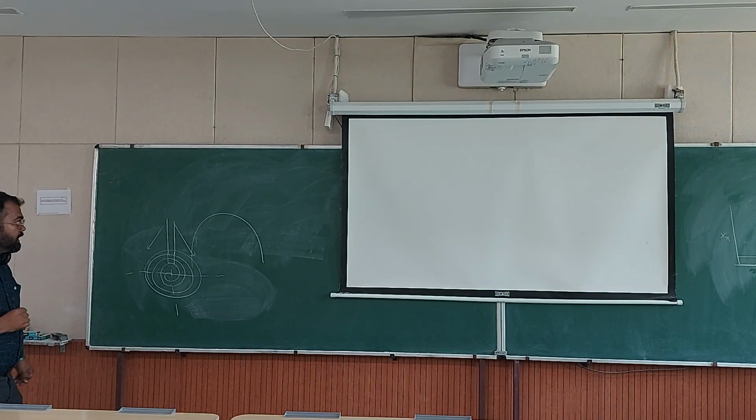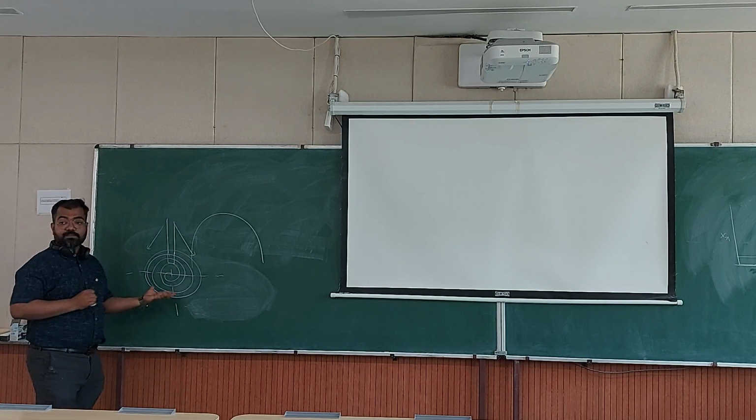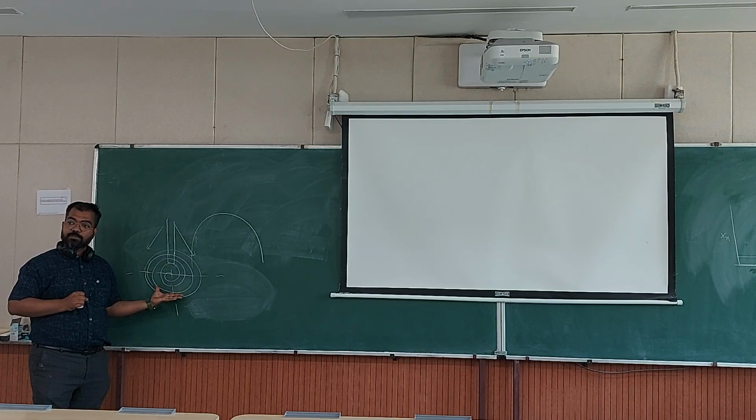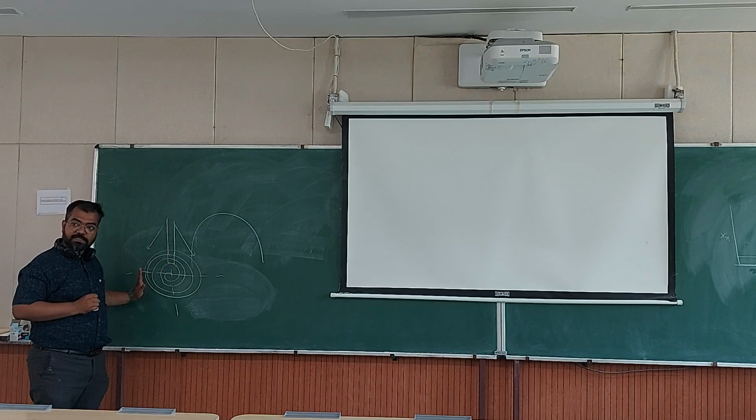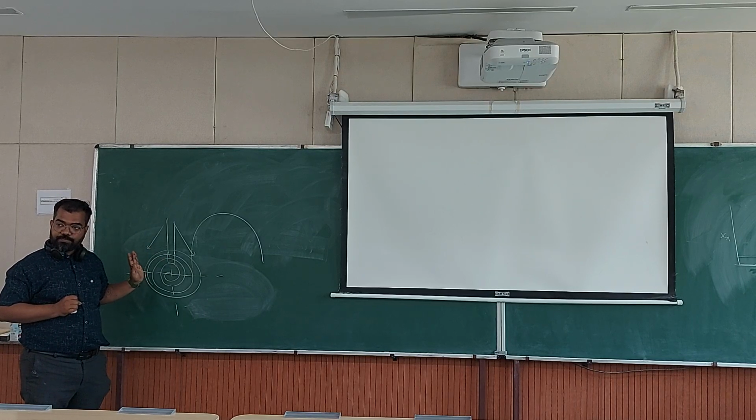This is known, predictable, deterministic. Why? Because you change your initial conditions, you put your pendulum anywhere, you will always get this plot, it will never deviate from this.